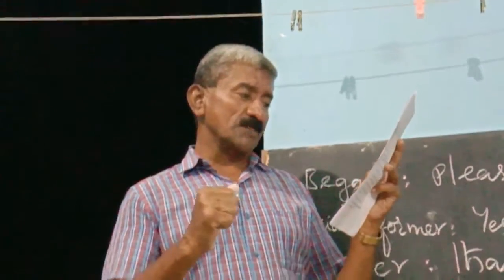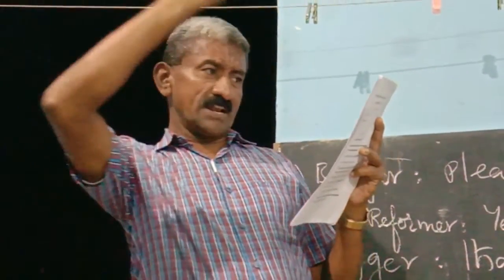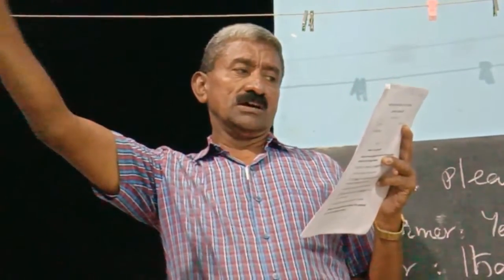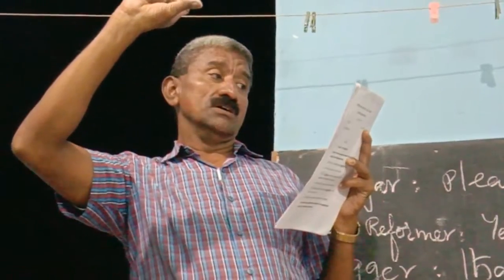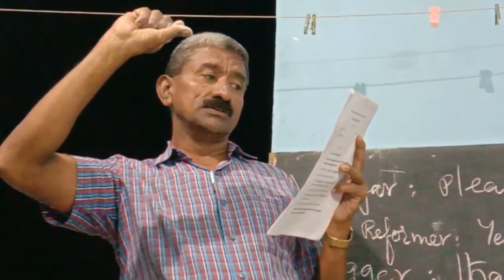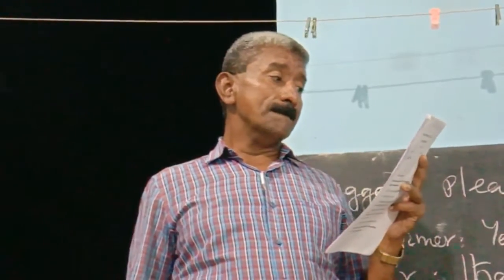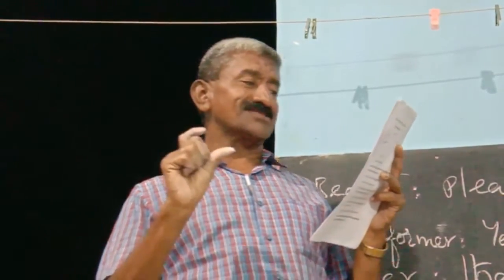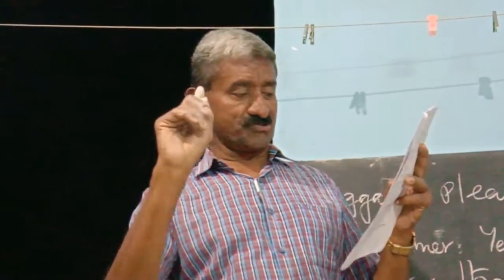Which unforgettable character did Charlie Chaplin invent? The first line there is the answer. The unforgettable character Charlie Chaplin invented, the Little Tramp, was born purely by accident in 1915. That's the answer for the first question.